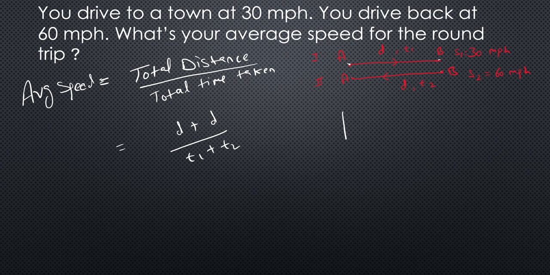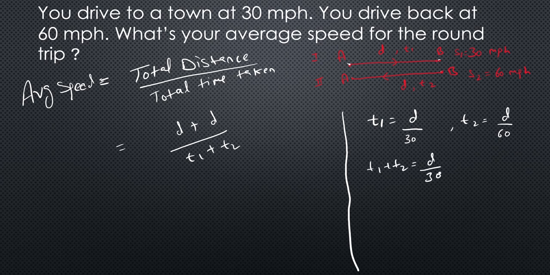For t1 and t2, time will be distance upon speed. For t1, distance is d and speed is 30, and for t2, distance is again d and speed this time is 60 miles per hour. So for t1 plus t2 we have to add both of them: d by 30 plus d by 60.